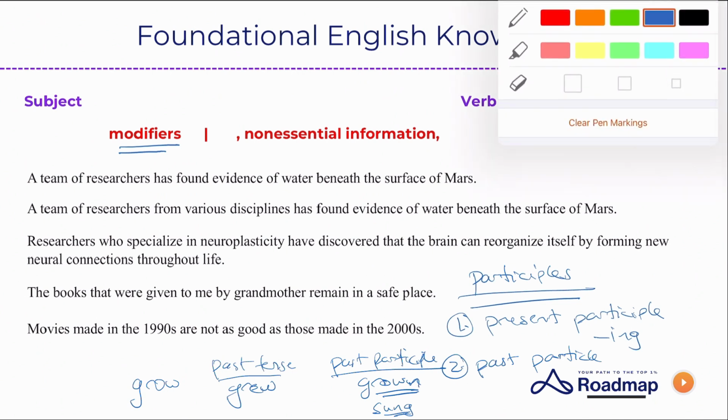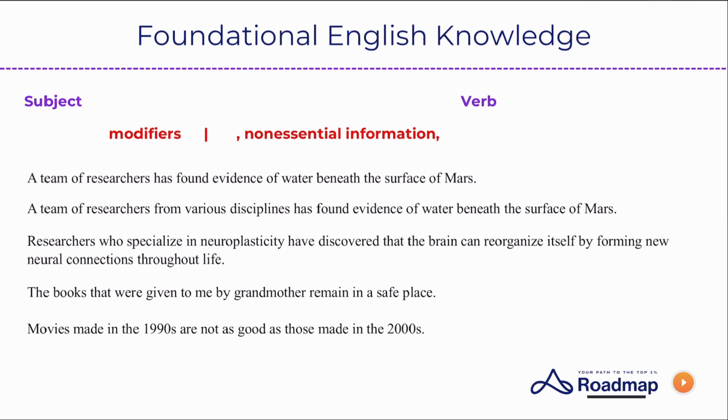So for example, if I say movies made in the 1990s are not as good as those made in the 2000s. So the complete subject of the sentence is movies made in the 1990s. That's my complete subject, right? Now, the modifier in the sentence is this participle phrase made in the 1990s.